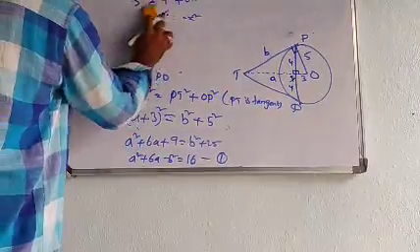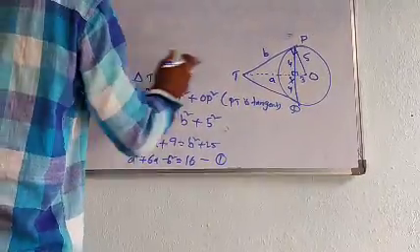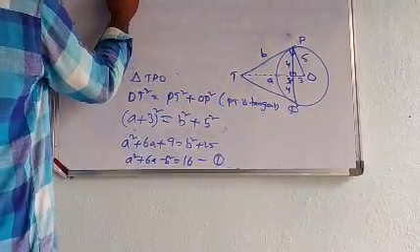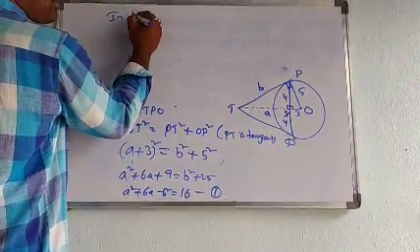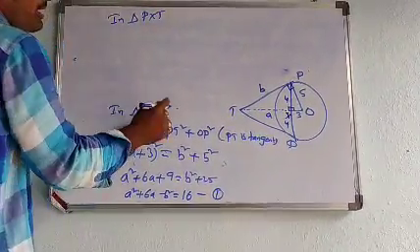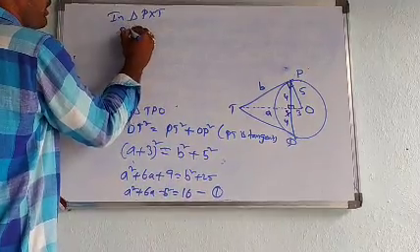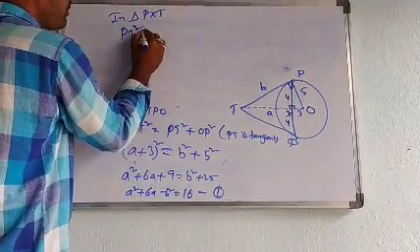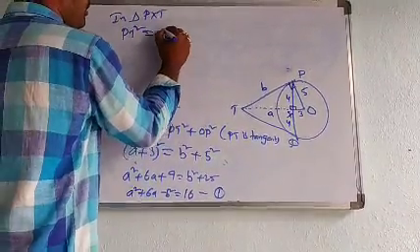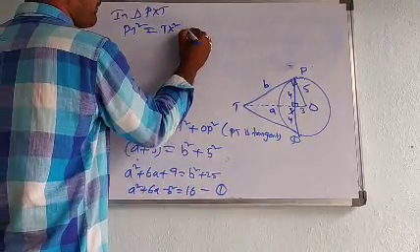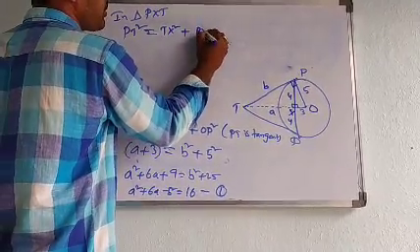Now let us take another triangle, in order to solve this equation. In triangle PXT, the hypotenuse is PT. So PT square is equal to TX square plus PX square.